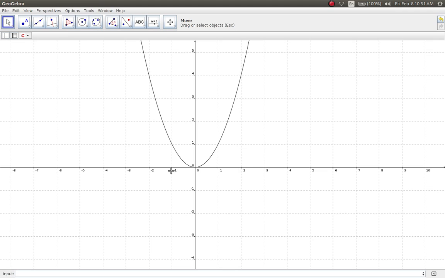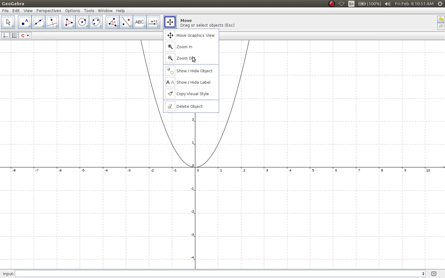When x is negative 1, y is negative 1 squared, which is positive 1. Negative 1 times negative 1 gives you a positive 1. When x is negative 2, y is negative 2 squared, and negative 2 squared is positive 4. So you could plot this graph if you wanted to. Alright?